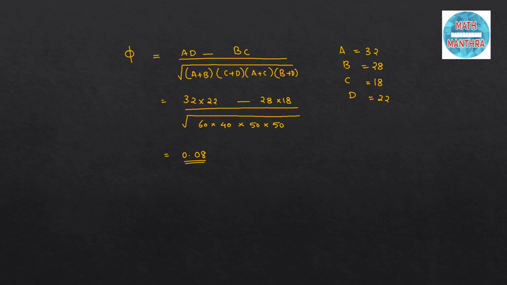Now simplifying, we find the value of the correlation coefficient as 0.08, which is a positive correlation. But since the value is 0.08, there is a weak correlation between the standardized test result and the achievement test score. So this is the method of finding Phi correlation between two dichotomous variables.